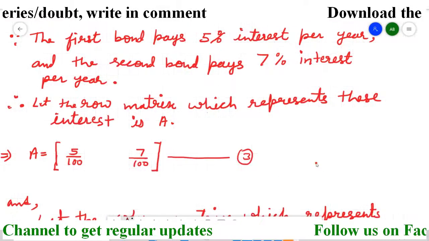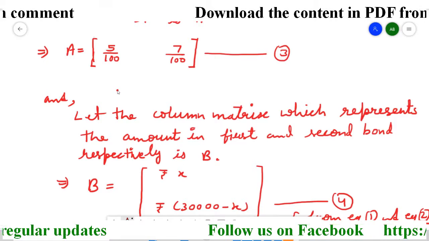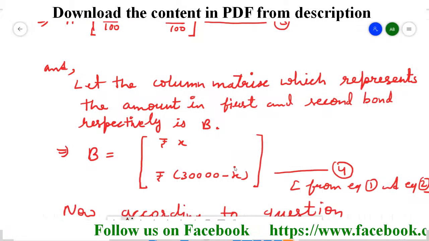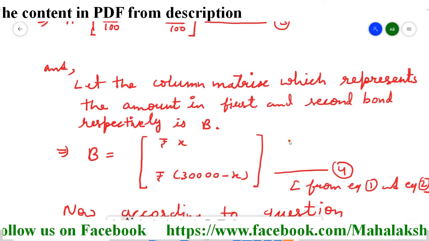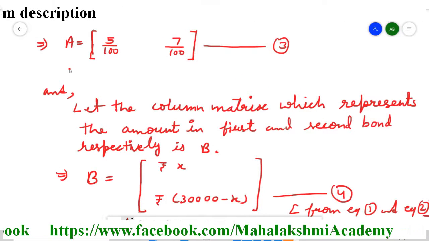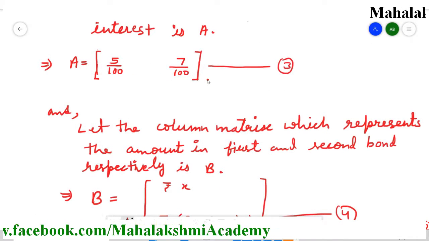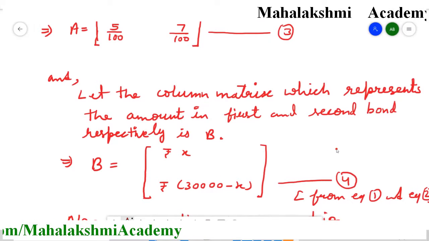In these theoretical problems, if one quantity you took as a row matrix, then the other quantity you must take as a column matrix. Only then are you going to get their product as a single element. Again I am repeating, if I took the interest as the row matrix, then the amount I must take in the form of a column matrix, and vice versa.